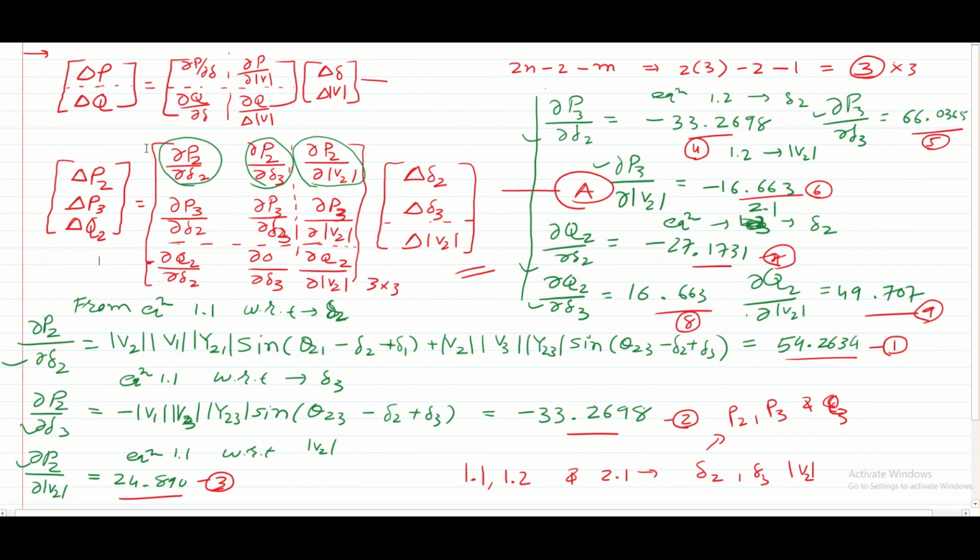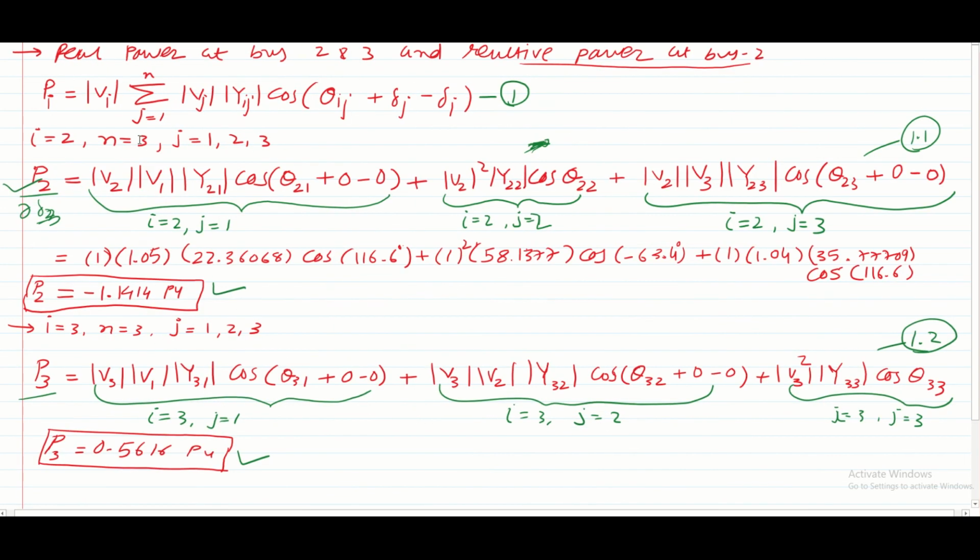Then you need to calculate the parameters of your Jacobian matrix. Here we can calculate the size of the Jacobian matrix using this equation, and then we need to calculate each and every element of the Jacobian matrix using these equations which we have already written over here.